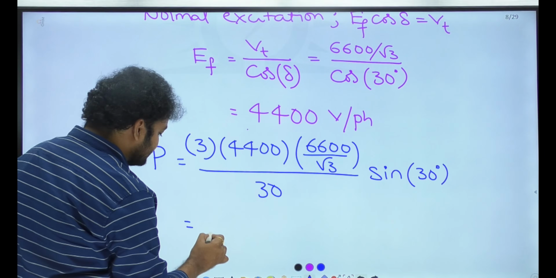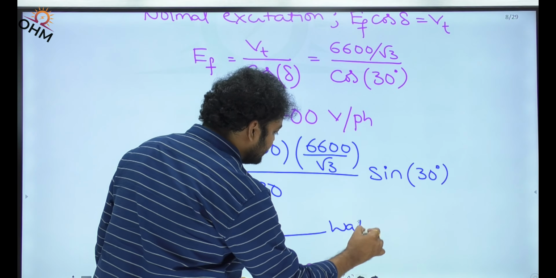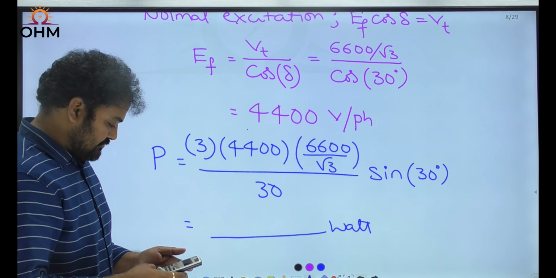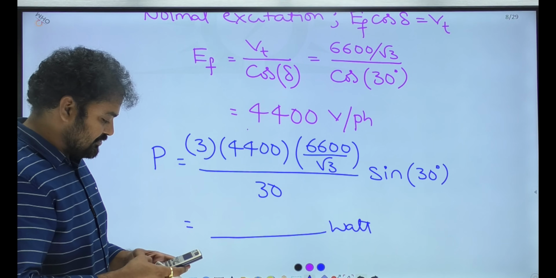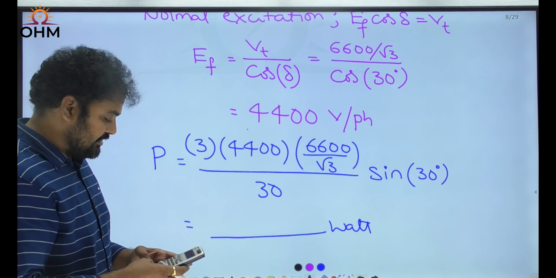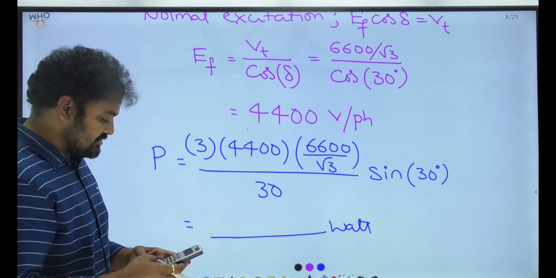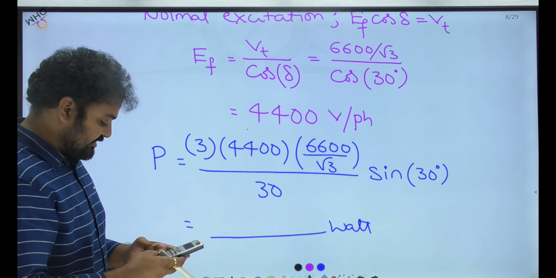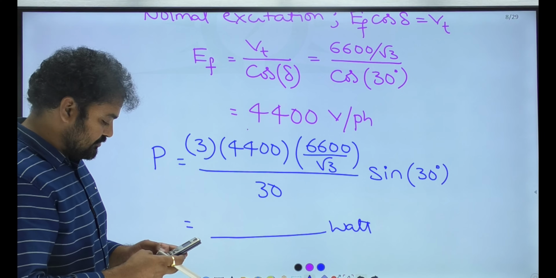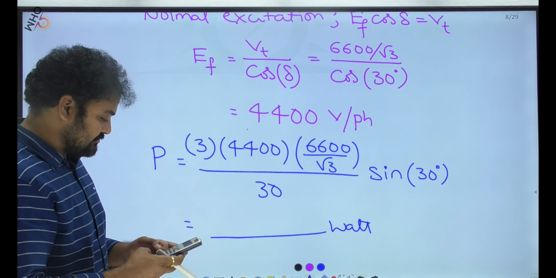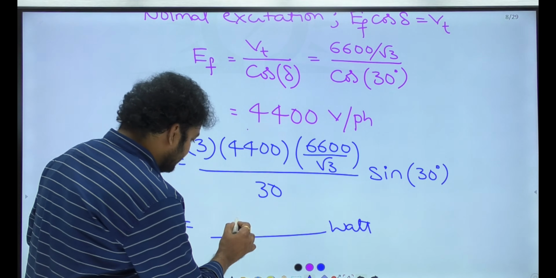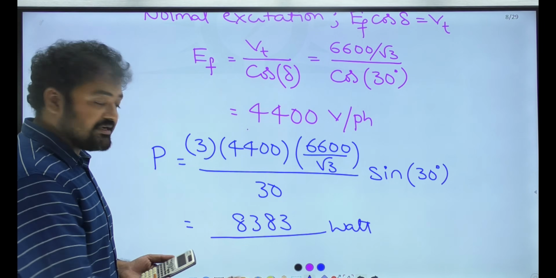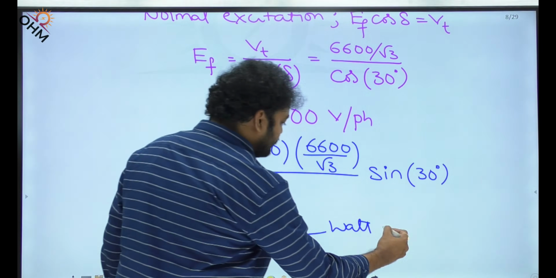If you complete it, you will get the answer in watt, then convert into kilowatt. So 4400 into 3 into 6600 by root 3 divided by 30 into sine 30 degrees. I am getting 8383 watt. That means indirectly 8.38 kilowatt.